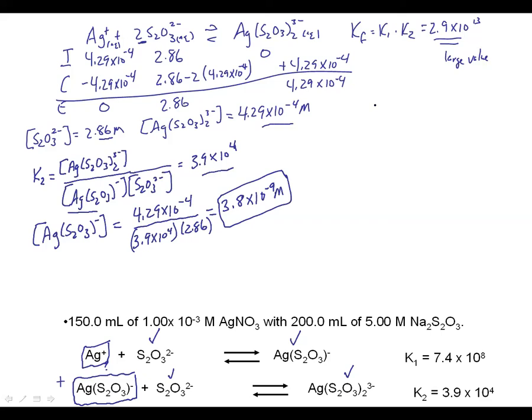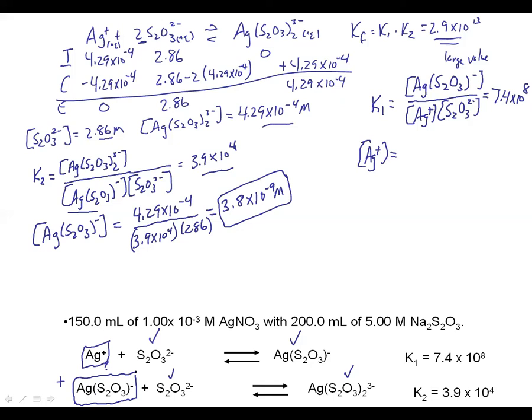If we then use K1 from the problem, since they gave it to us in this stepwise fashion, we're going to take our products over our reactants. And again, since we're doing K1, not the overall, we're going to use the K1 value of 7.4 times 10 to the 8. Rearranging, this would give us silver.